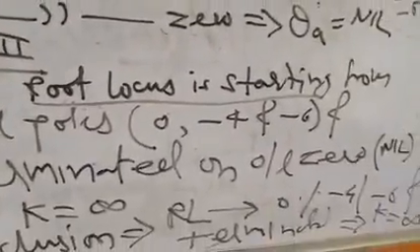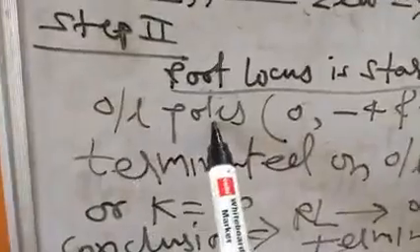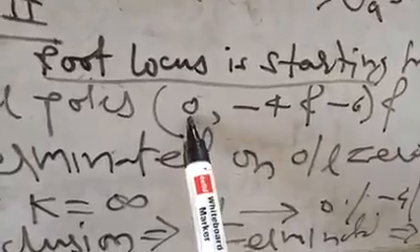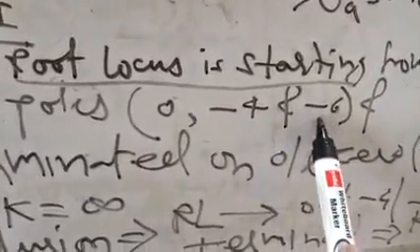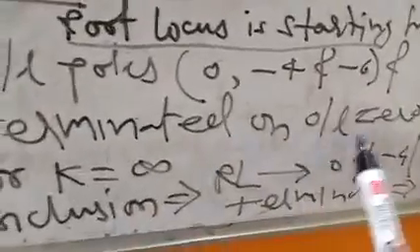Step 2, the starting point and ending point. The root locus starts from the open loop poles. There are 3 poles now: 0, minus 4, minus 6. So that means your root locus starts from either 0, minus 4 or minus 6, depending on the question and your solution, and terminates on the open loop zeros.